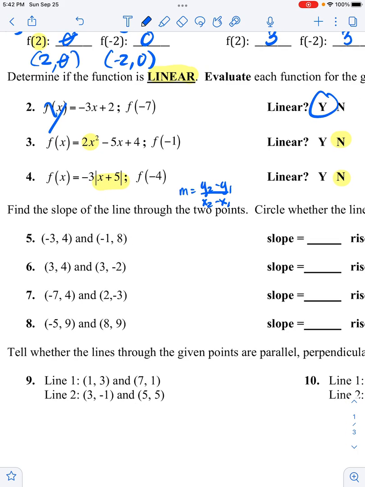Okay, so here I'd have 8 minus 4, because here's x1, y1, x2, y2. So 8 minus 4 over negative 1 minus negative 3. So that definitely gets confusing. This is a regular 4, but this turns into negative 1, which I somehow made look like a 7. Negative 1 plus 3, which is a 2, so I get a 2.